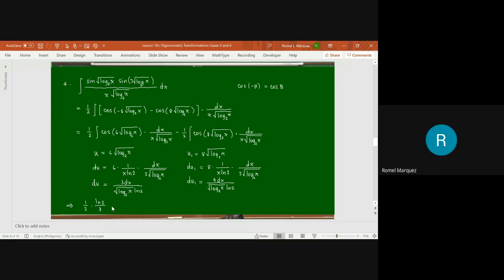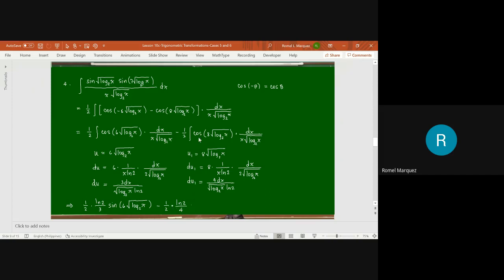What's the integral of cosine u? Sine u. I'll do it mentally. 6 square root of log of x to the base 2. Then plus negative 1/2. What will I put here? 4 over ln 2, so balance by ln 2 over 4.